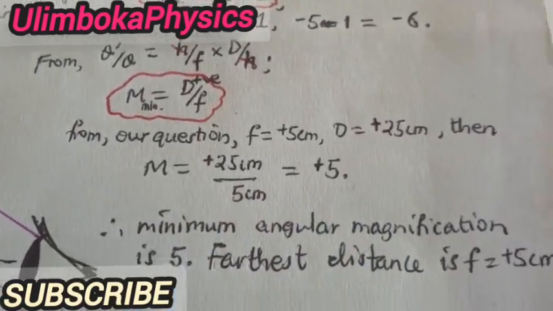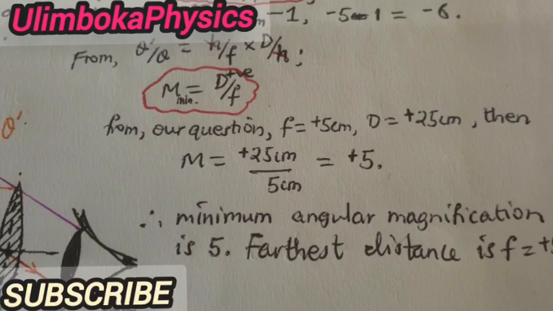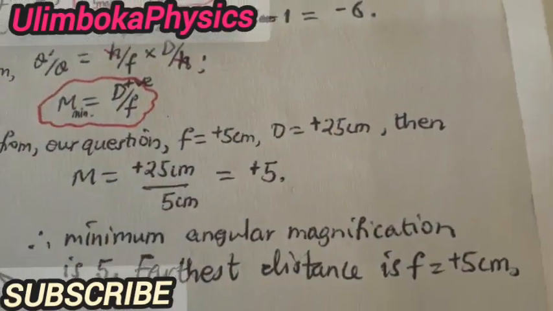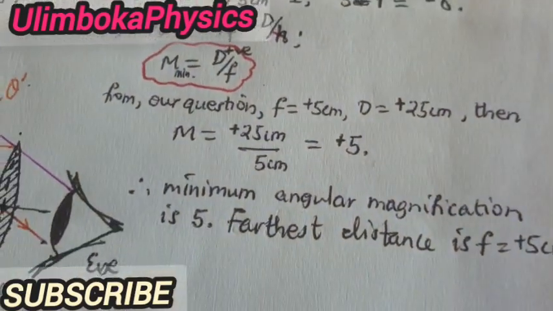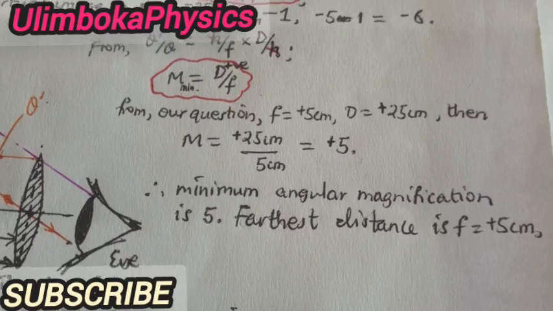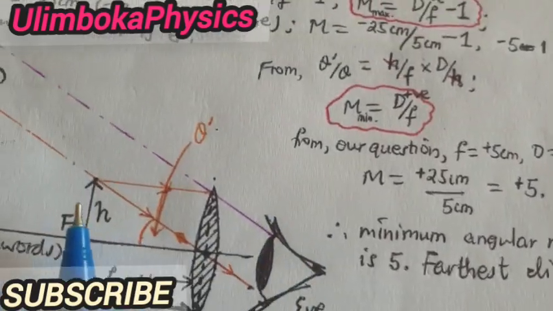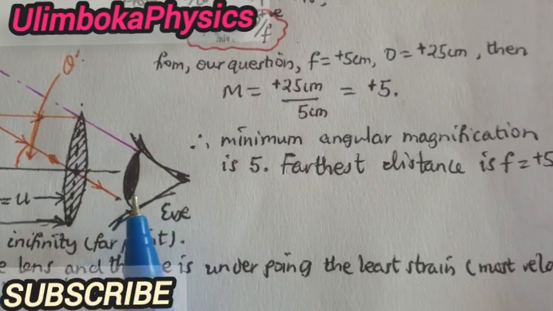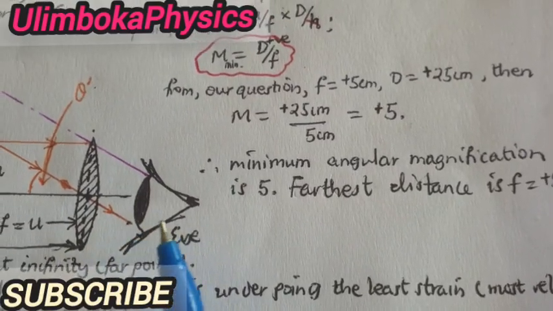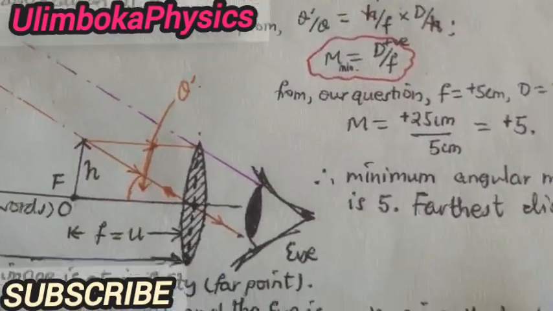Now the minimum angular magnification is 5, and there is a farthest distance where the convex lens or simple lens will be placed so that the image will be focused into the eye of the student, which is equal to 5 centimeter.